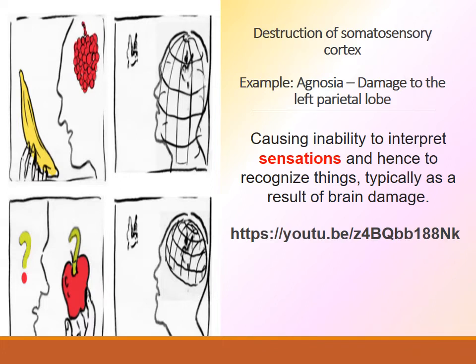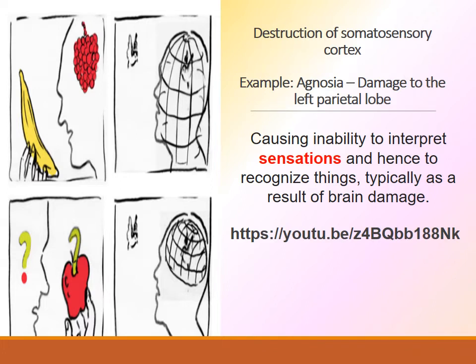This disorder is under the umbrella of agnosia. Agnosia is a general term for the disorder, and depending on which part of the lobe is damaged, it is named differently. For example, in this case the damage is to the left parietal lobe, so it is called autotopagnosia.